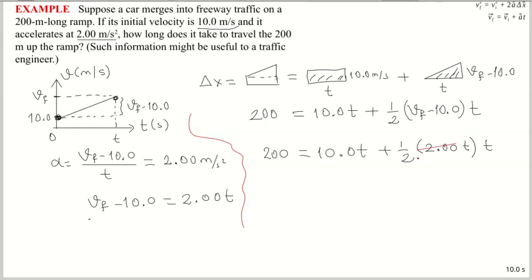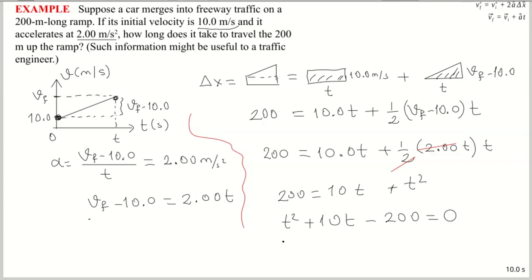So 2 cancels 2, and I have t squared on one side and 10 times t, and I'm not going to pay attention to significant figures here, and 200. So we can rewrite this as t squared plus 10t minus 200 is 0.